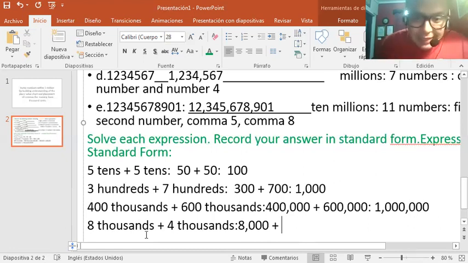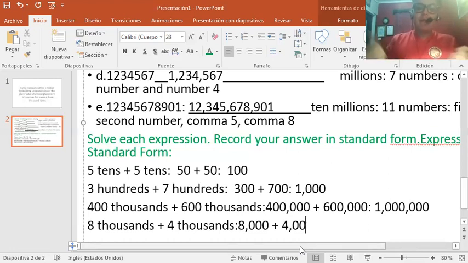Let's go. The next number is 4,000. That's great. I add 4, comma, and then I have the 1,000. That's great. I have that thousand. And if I sum them, what number am I going to get?